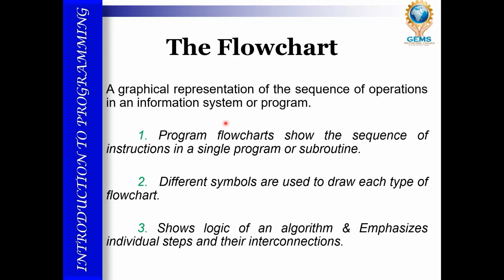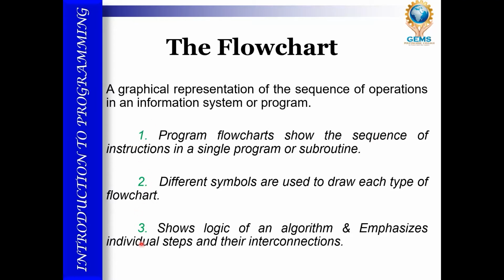The definition of flowchart says that it's a graphical representation of a sequence of operations in an information system or program. In other words, we can say that a flowchart is a graphical or pictorial representation of operations.